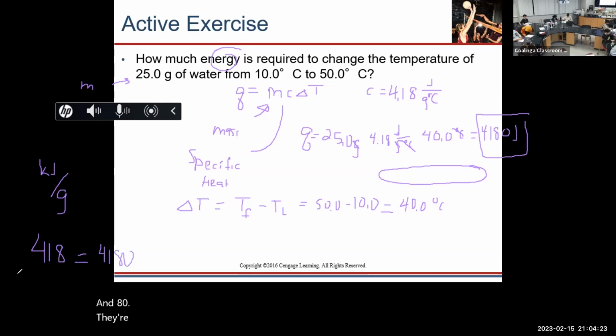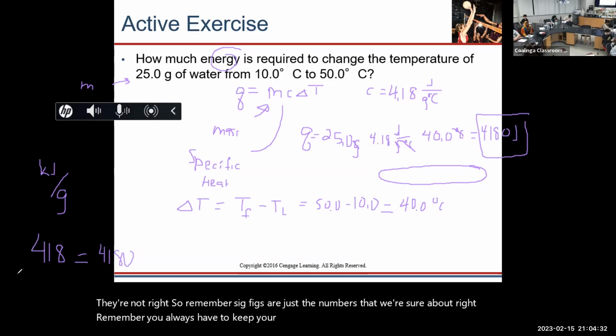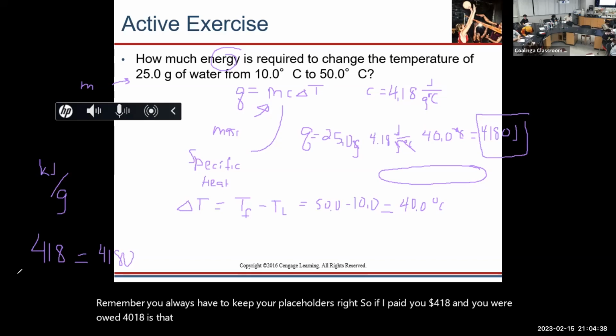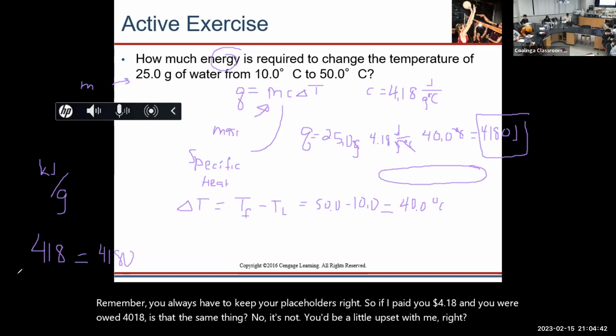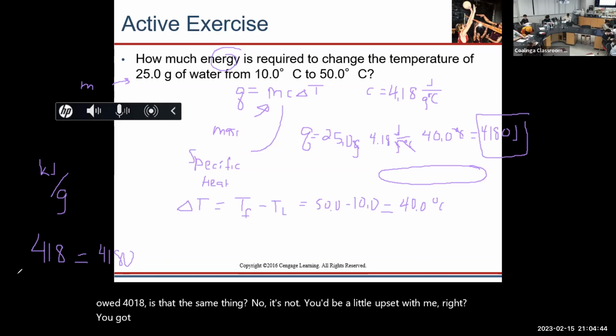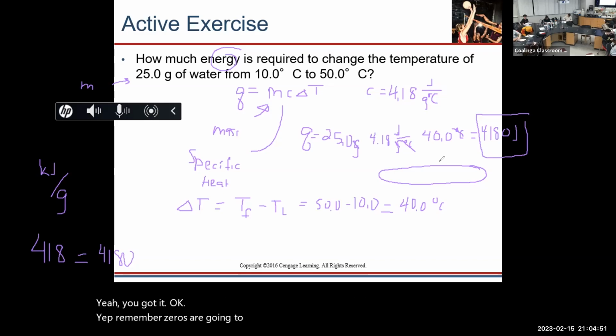Remember, sig figs are just the numbers that we're sure about. So if I paid you $4.18 and you were owed $4,018, is that the same thing? No, it's not. You'd be a little upset with me, right? Remember, zeros are going to be used as placeholders.